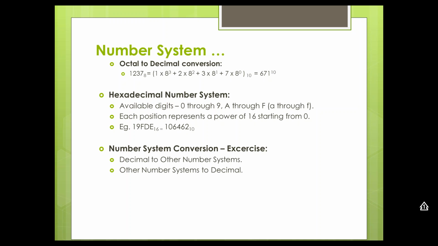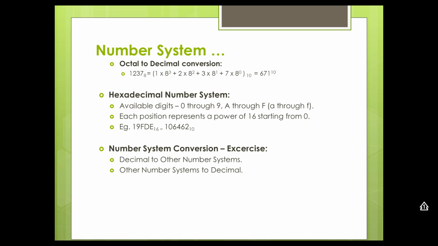That is nothing but the power of the base system, that is 16 for hexadecimal, 8 for octal, 2 for binary. That's how we convert from other number systems to decimal.